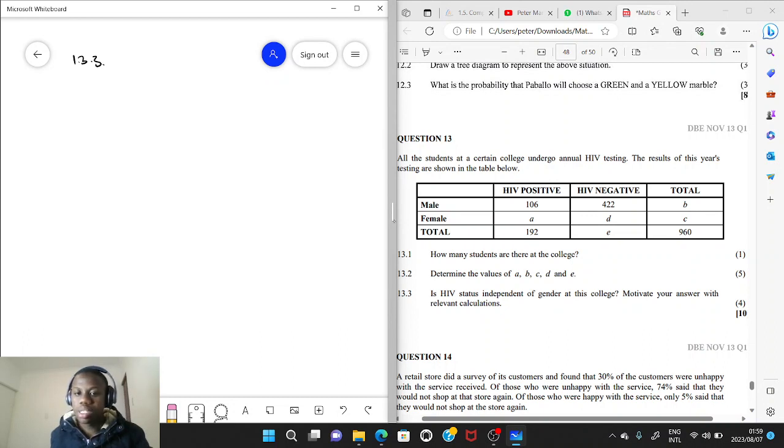So we know the first event that we have will be gender, and the second one is HIV status, right? The first thing you do is state the condition.